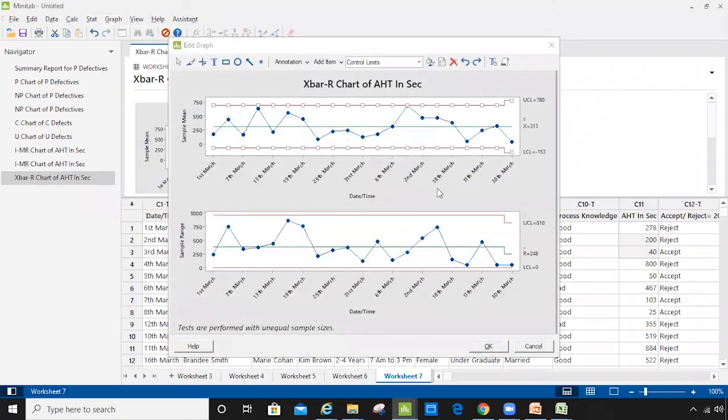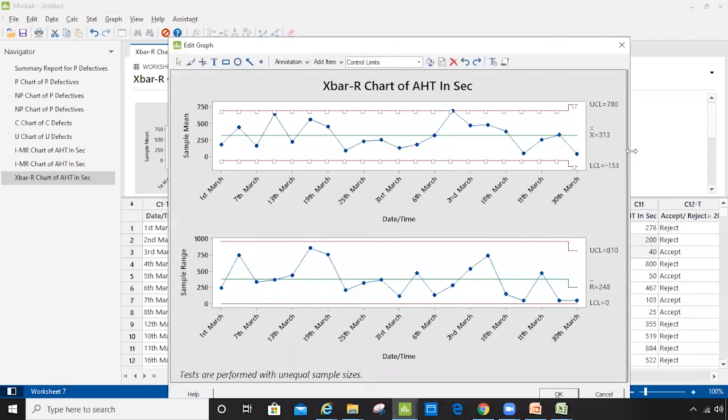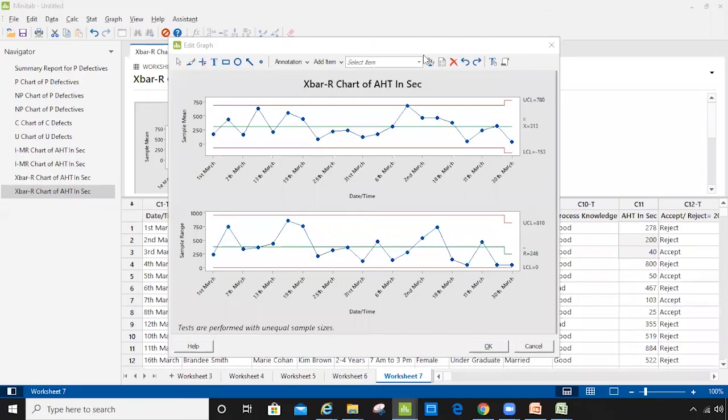Here you can see all the data points are within the control limits. There isn't any data point outside the control limit. Another feature of the X bar R chart is that in the sample mean there are 2 graphs. This particular graph talks about the mean of 3 subgroups, because we mentioned 3 there.